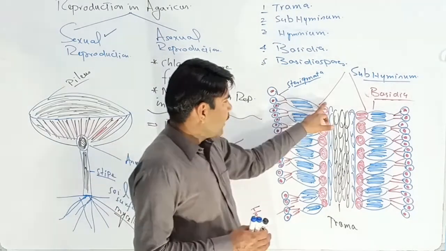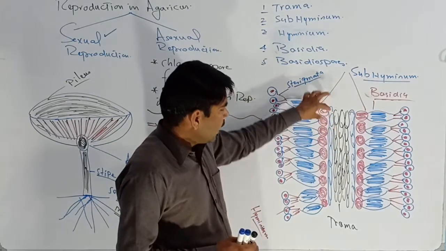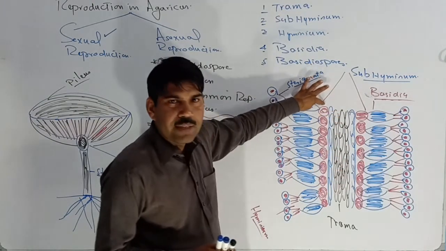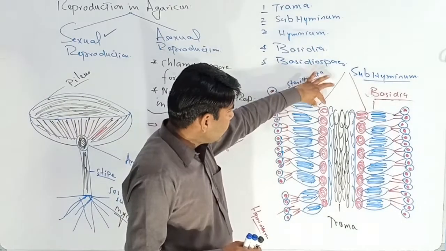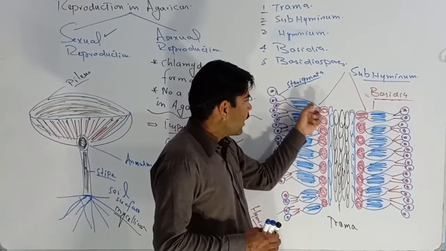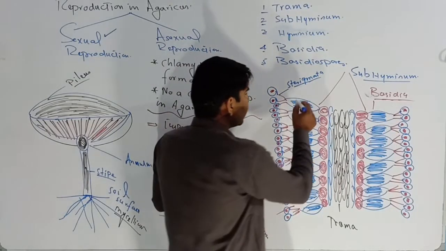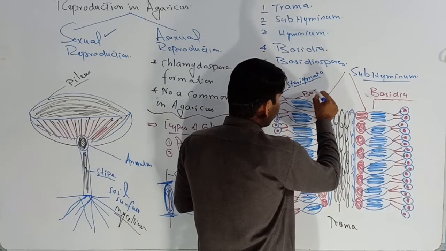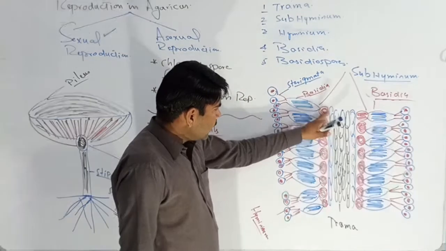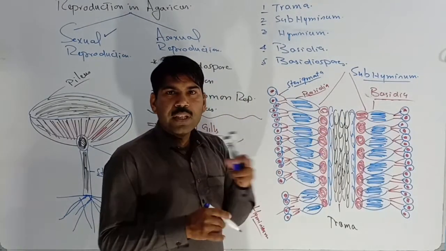For example, these are the cells, and the layer of these cells is known as the hymenium, and each hymenium cell gives rise to the basidia. These cells are multinucleated.